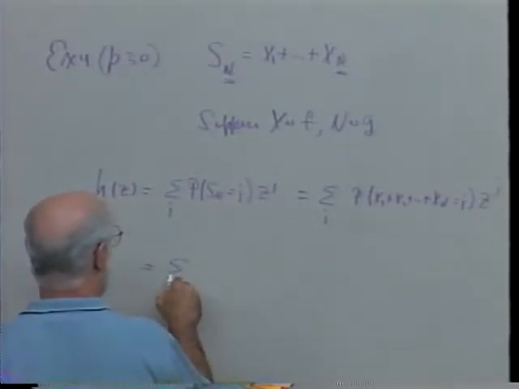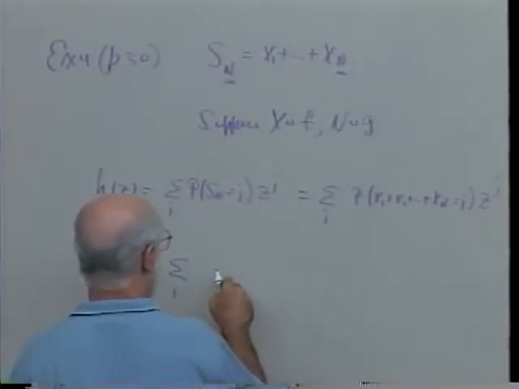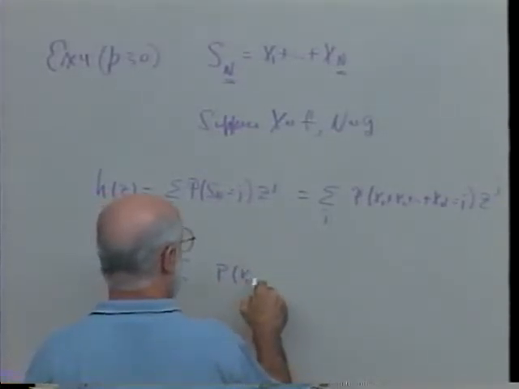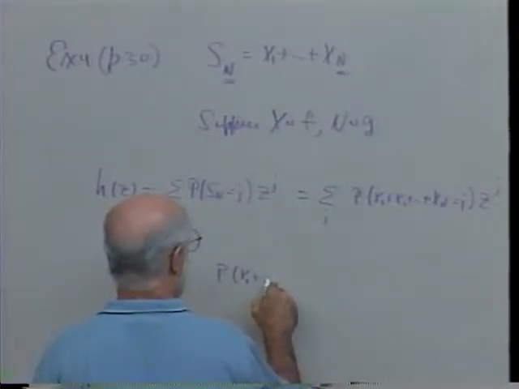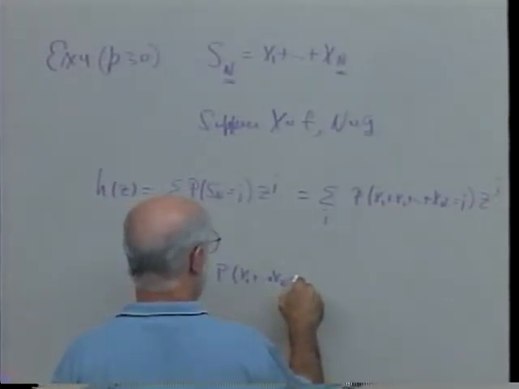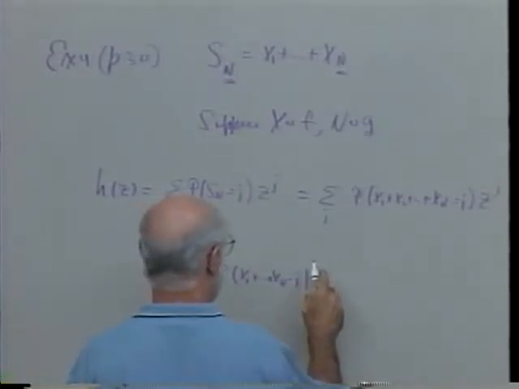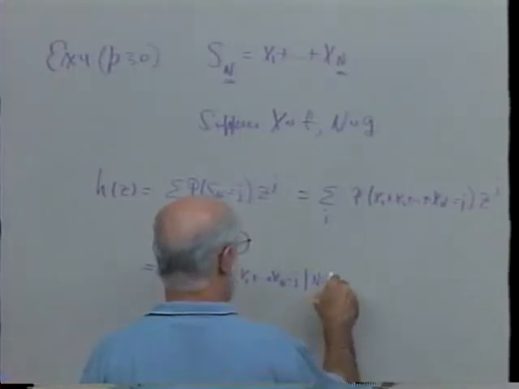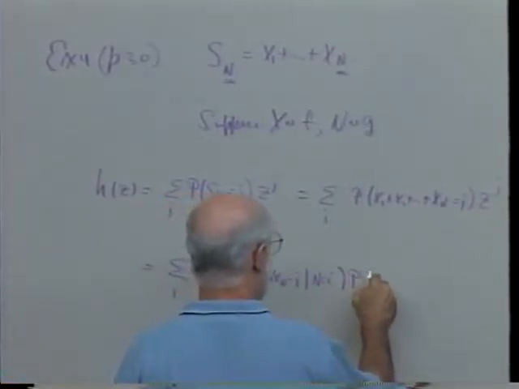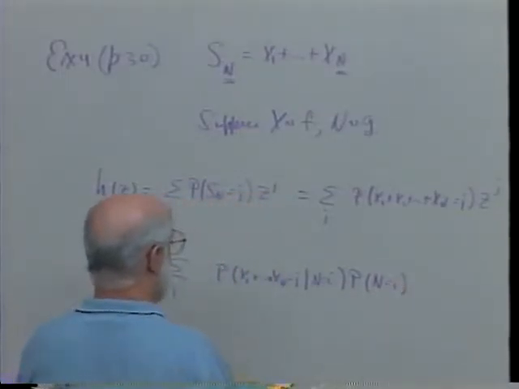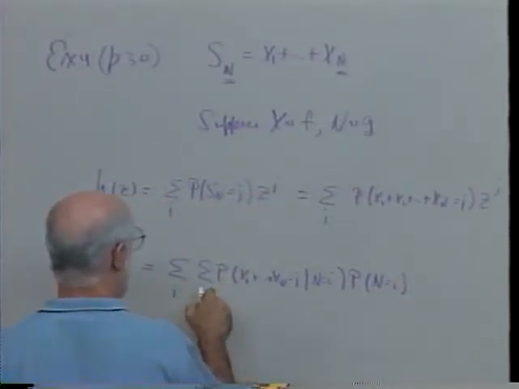I'm going to write the probability inside as the probability that X1 plus and so forth plus X_N is equal to j given big N is equal to i times the probability that big N is equal to i, summed over all i.